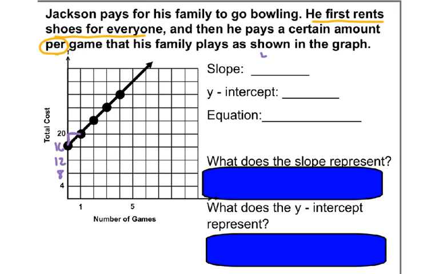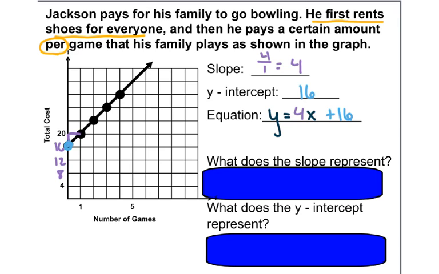So our slope becomes 4 over 1, or just 4. And our y-intercept is where we start here, and that's at 16. So our equation is y equals 4x plus 16.